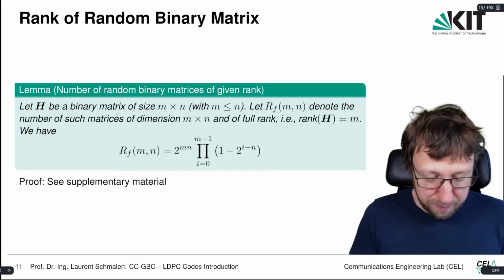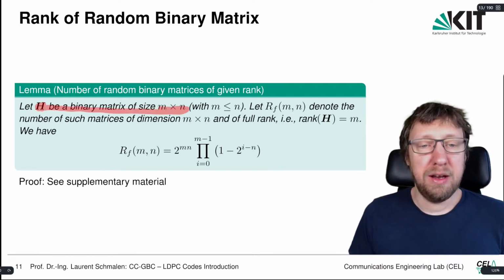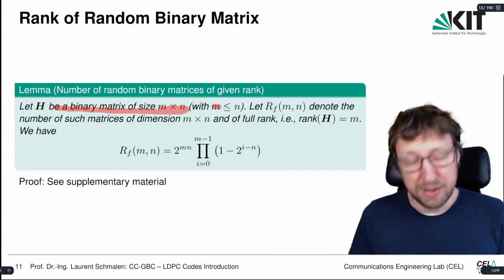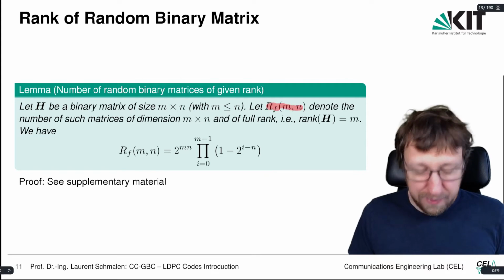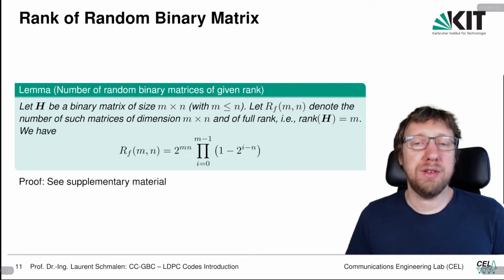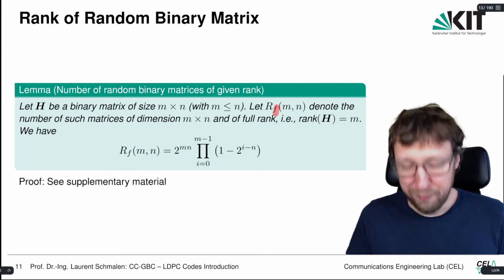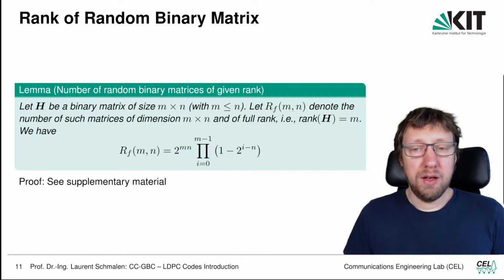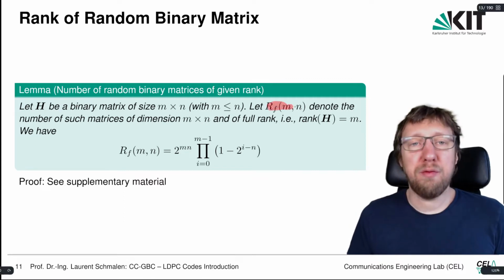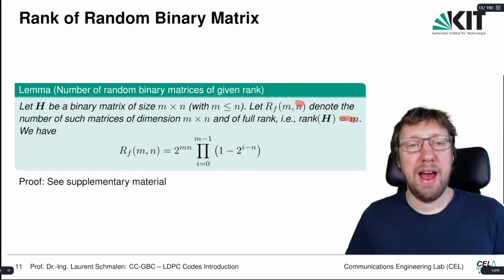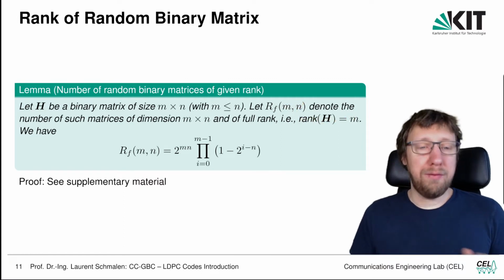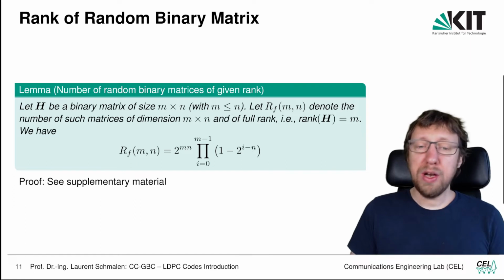We start with a binary matrix of size M times N. We assume that M is upper bounded by N. And then RF of M and N denotes the number of matrices of size M times N that have full rank, hence F. RF is the number of binary matrices of size M times N with rank M. And we can give a simple expression for this.